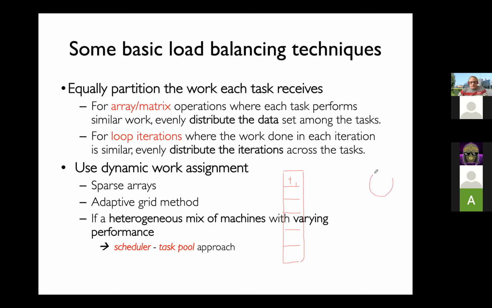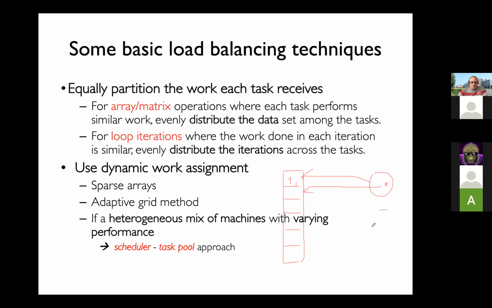The processor will come and fetch the data to process, and when it finishes, it comes and fetches the next one. In this way, the faster will process much more than the others.